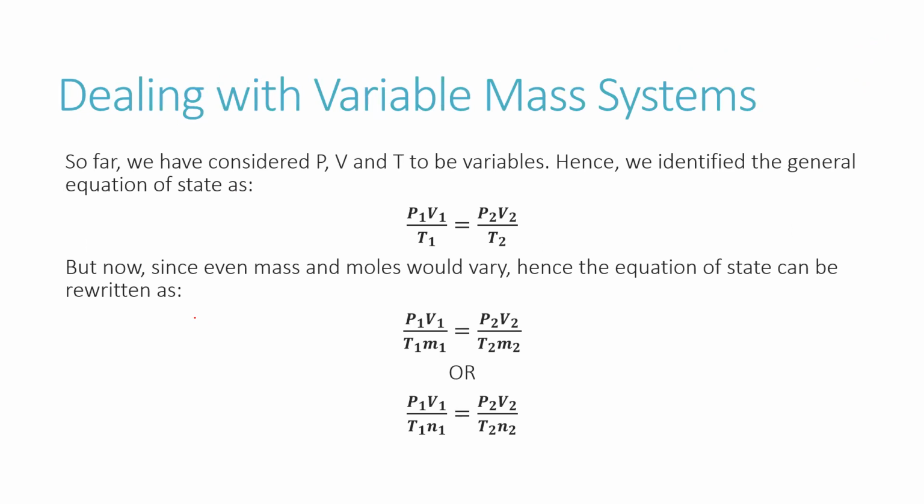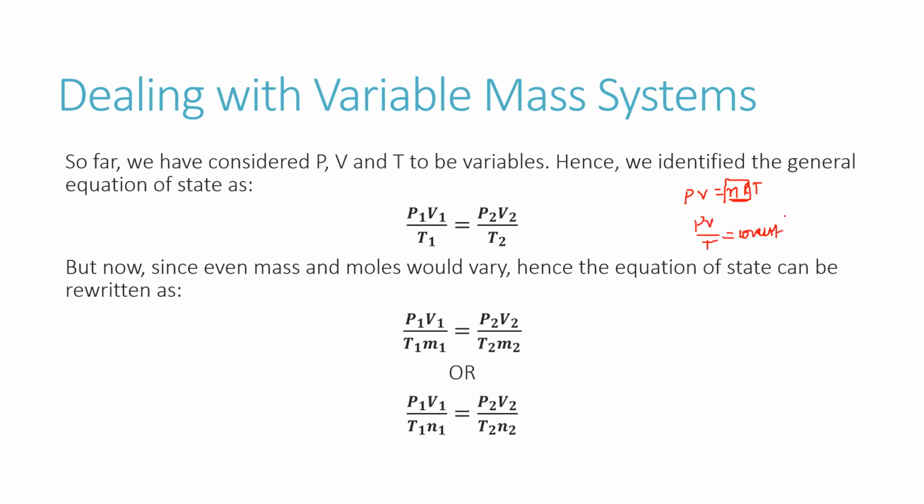When we're talking about a variable mass system, so far we have discussed constant mass systems where the mass is constant. There, since PV is equal to nRT, and n and R are constant because of the constant mass, PV by T is going to be constant.